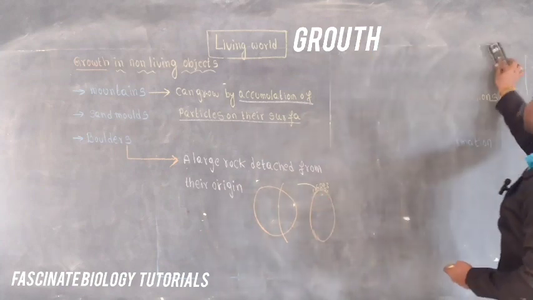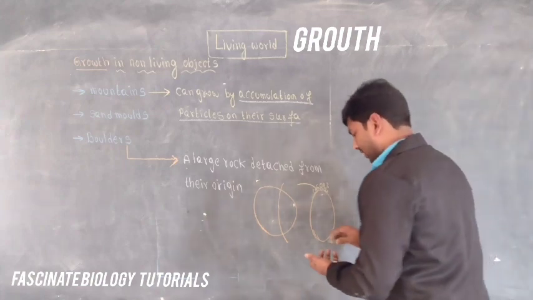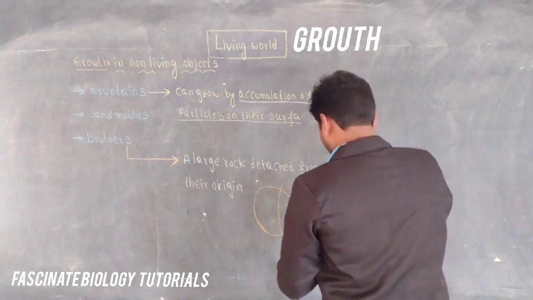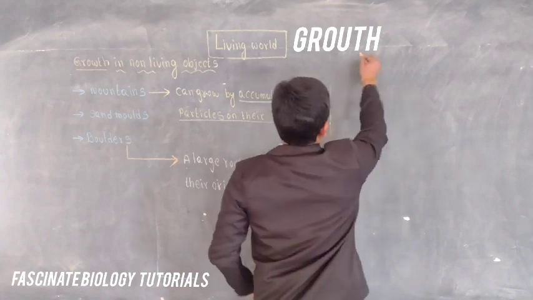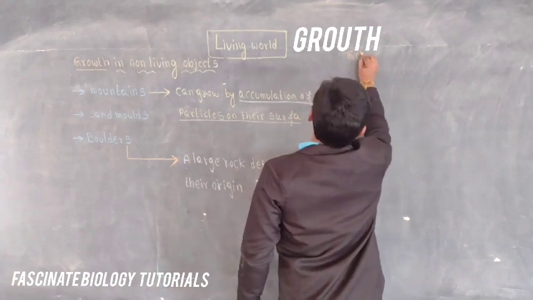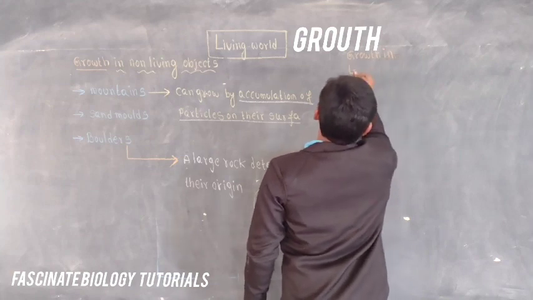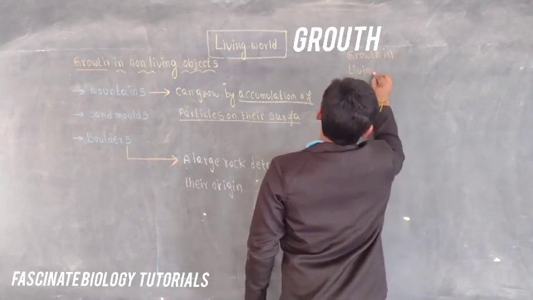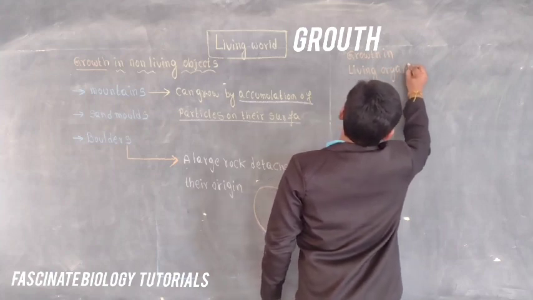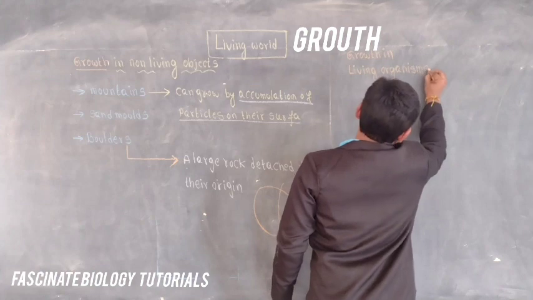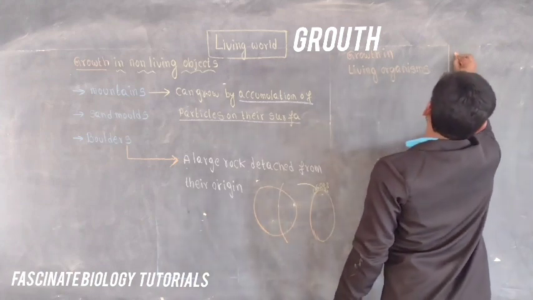Now, differences of growth in living organisms and non-living objects. First of all, growth in living organisms. And the second one is growth in non-living objects.